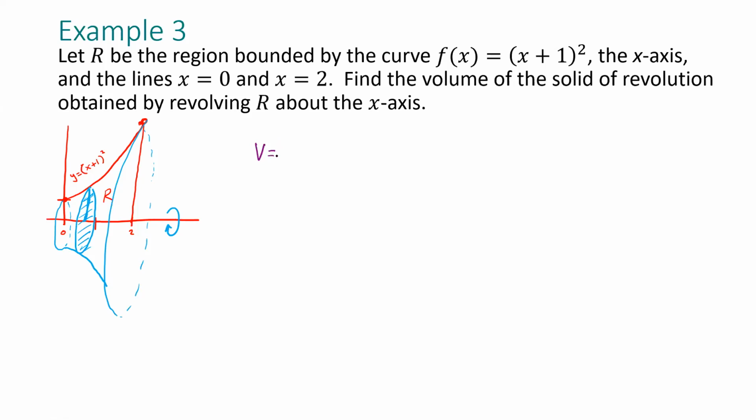So here our volume will be the integral from 0 to 2 of pi times f of x squared. Again, it's just using the disk method. And let's see, we've got pi times f of x, which is x plus 1 squared. So x plus 1 squared, squared, will be x plus 1 to the 4th.